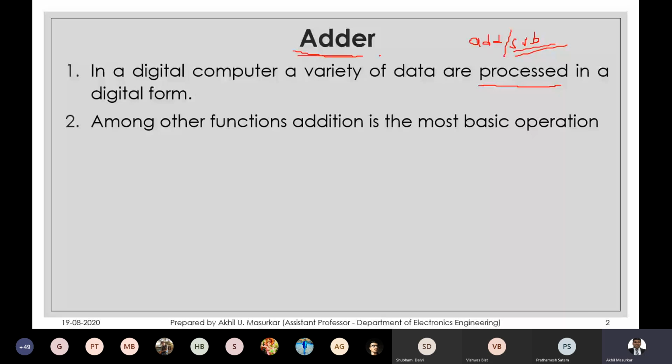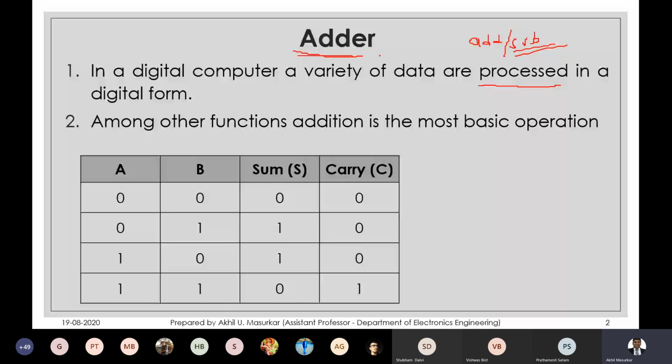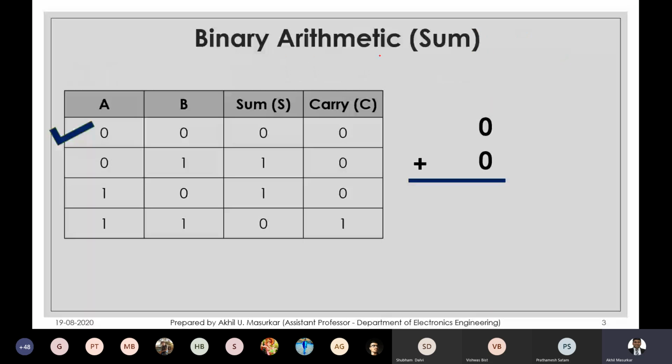So first is just a recap of addition. If there are two bits A and B, 0 and 0, sum is 0, carry is 0. So this we have already done. For the first input, if it is 0, 0, the sum is 0 and carry is also 0.